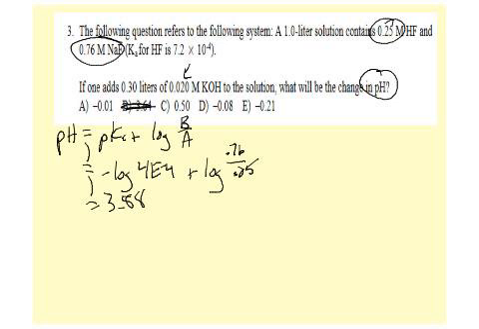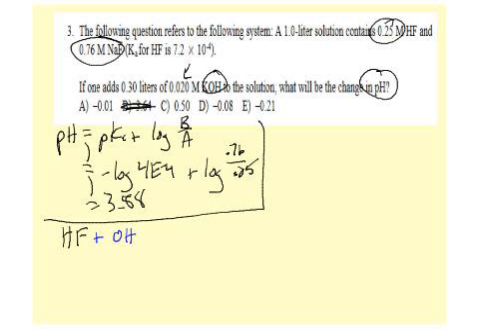Now, what would happen if I add this other stuff to it? If I'm adding OH negative, I'm titrating it, right? So the OH negative is going to want to react with the HF. So my reaction is going to be HF plus OH negative gives me H2O plus F negative. Starting in a 1 liter solution, so I'm going to do all of this in moles.